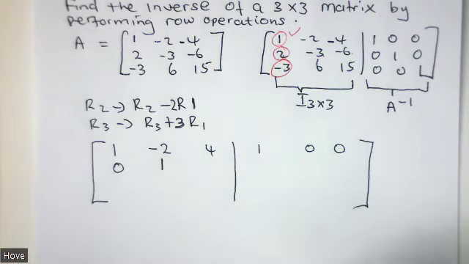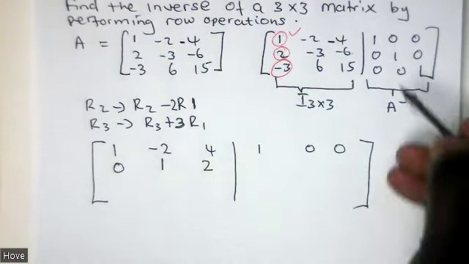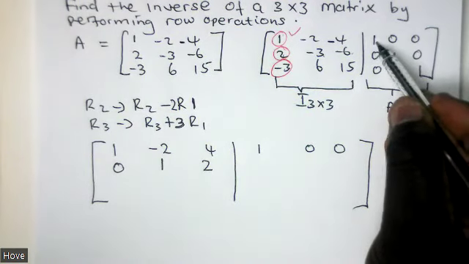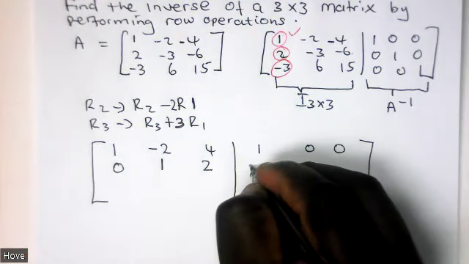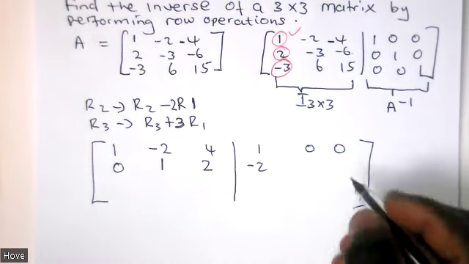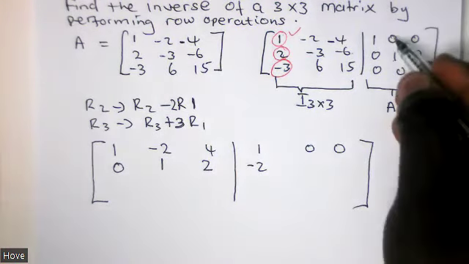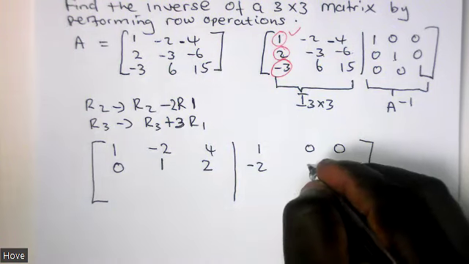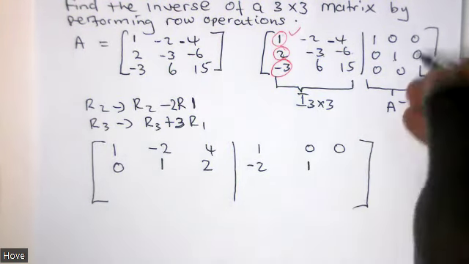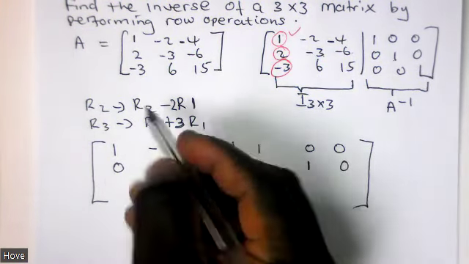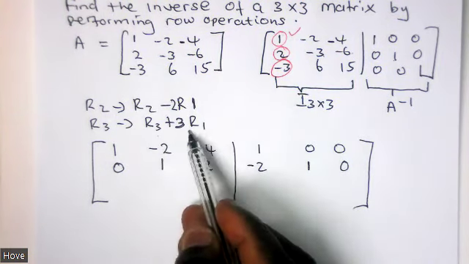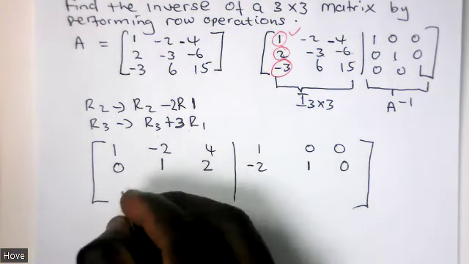So minus 6 plus 8 becomes 2. Then 0 minus 2 is minus 2, 1 minus 0 is 1, 0 minus 0 is 0. Then for row 3, minus 3 plus 3 times 1 is 0.